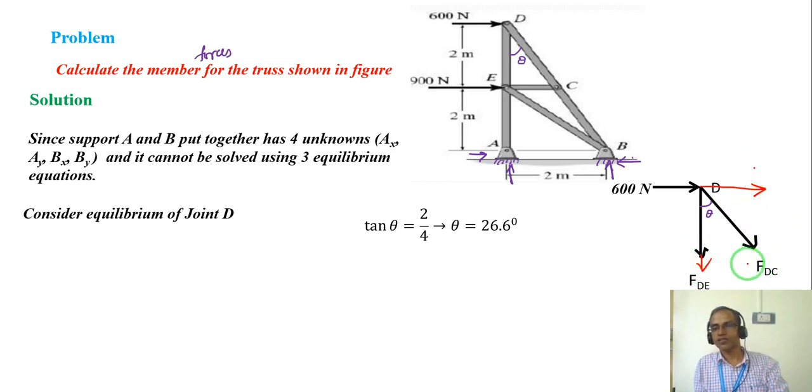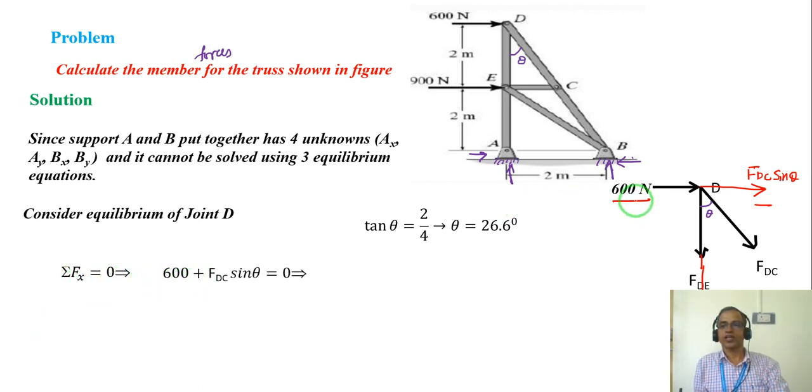So I can write this here: FDC cos theta, and horizontally, this FDC goes away from the joint, so it will be FDC sin theta. Applying summation Fx equal to 0, I have only this and this horizontally. That means 600 is in the right-hand direction, positive, and FDC sin theta positive, total equal to 0.